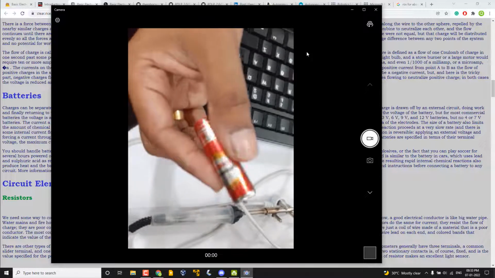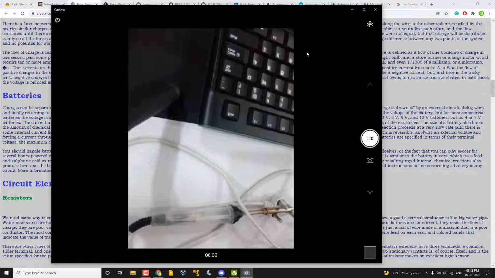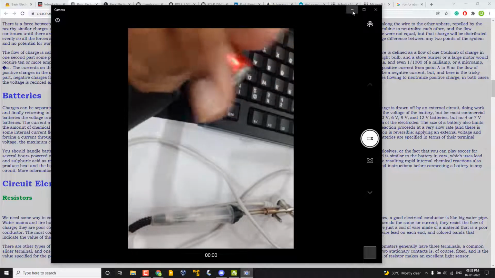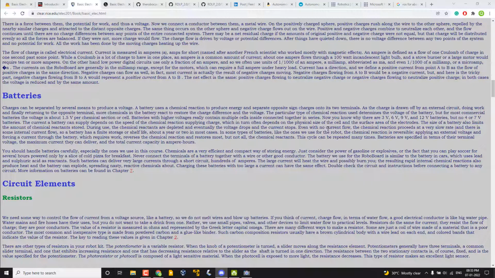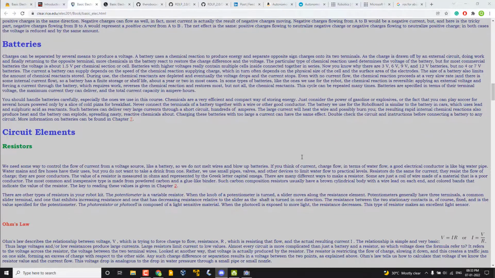And the current also depends on the application, but there will be a limit. In a short circuit, meaning if we connect the positive and negative, the maximum flow of current will be there, and if there is a maximum flow of current, the heat generation will be higher, and that's how the fuse works. So whenever there is a short circuit, the fuse will burn out and disconnect the entire circuit.